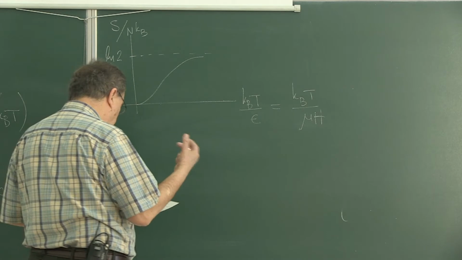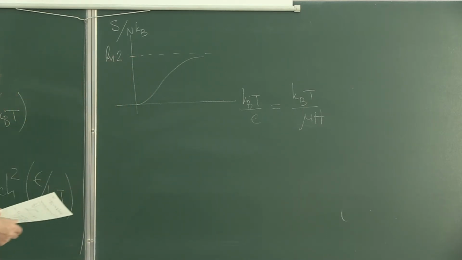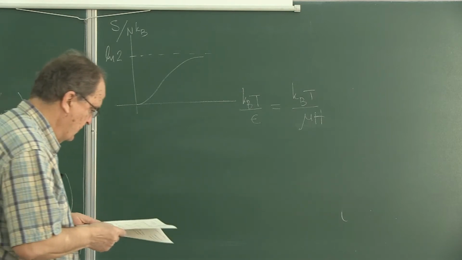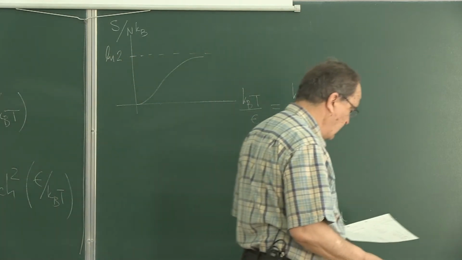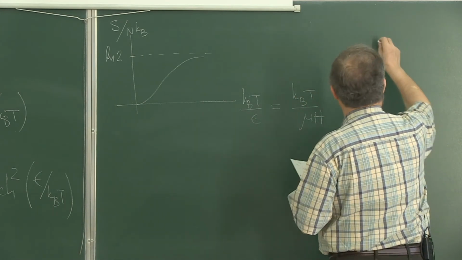N particles have 2 to the N equally likely microstates. So N ln 2 is the limit. Okay, everything is okay.